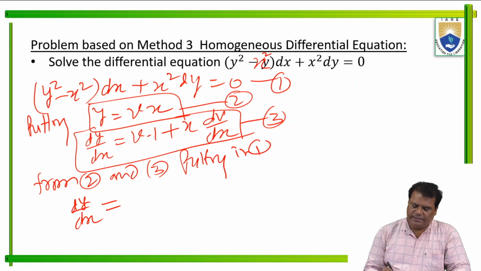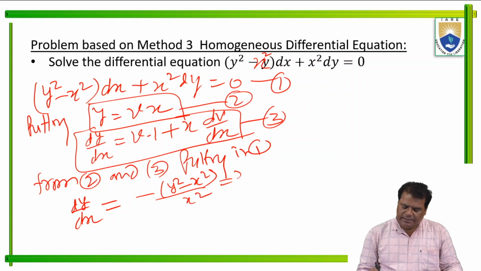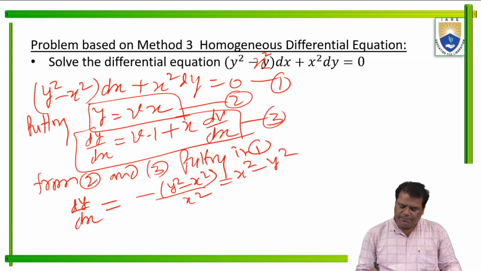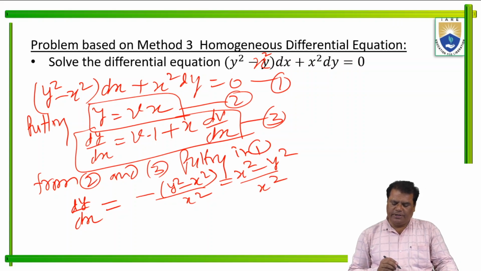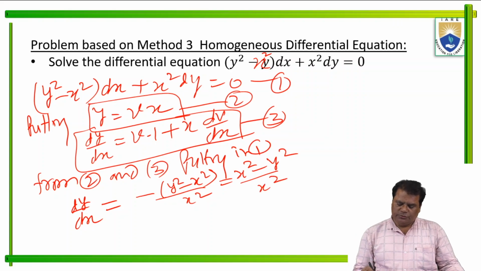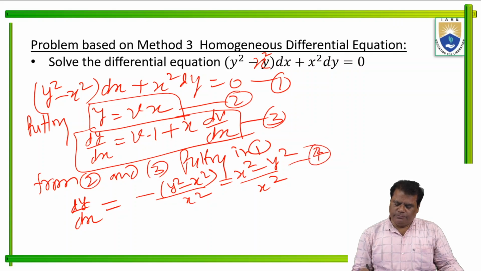Here x square dy/dx goes to this side: dy/dx equals (y square minus x square) upon x square with a minus sign, so the result is (x square minus y square) upon x square. This is the simplified equation in the form of equation 4. So this result is putting in 4.